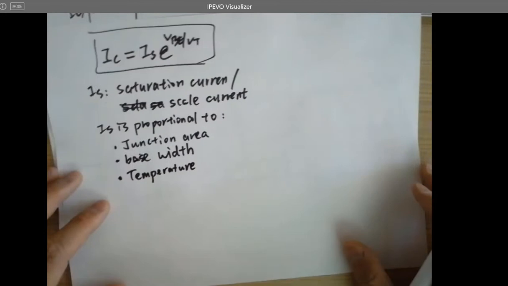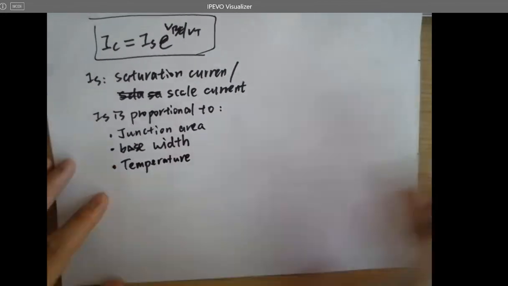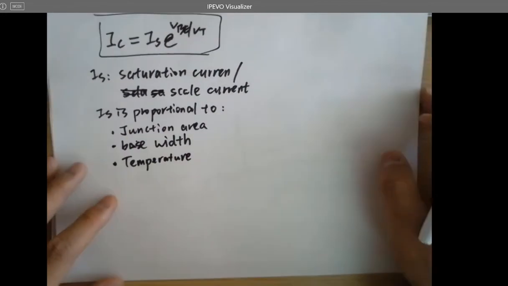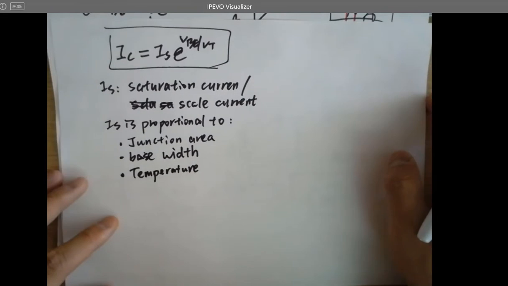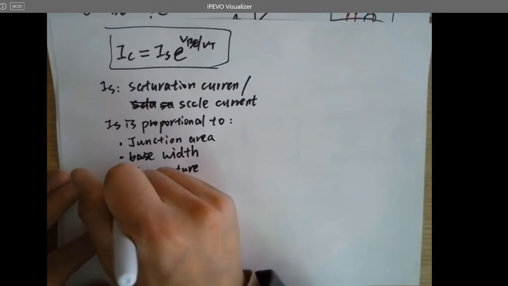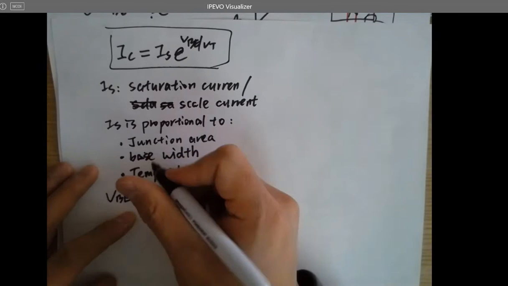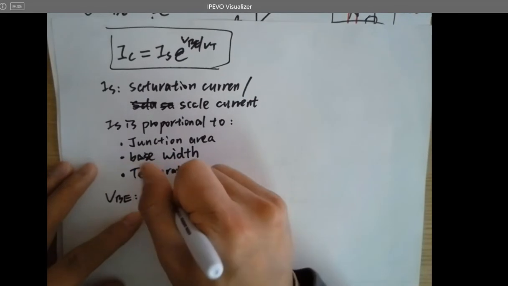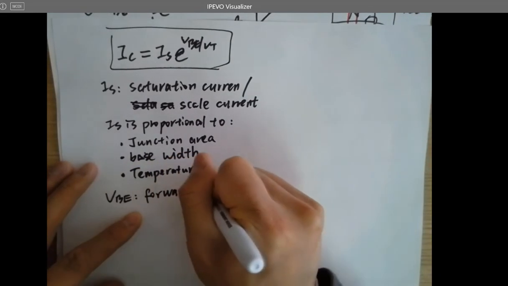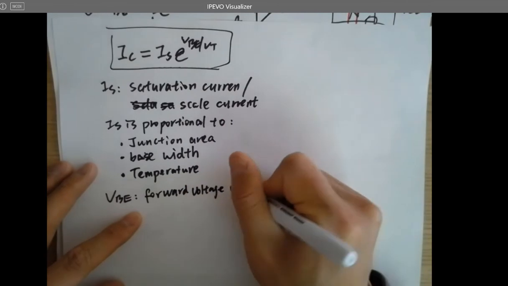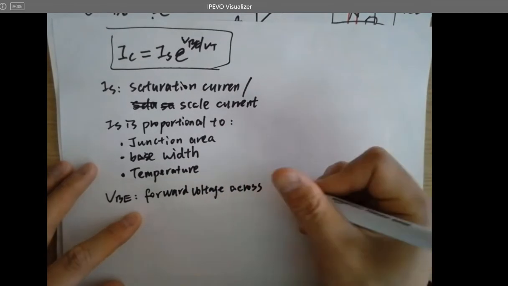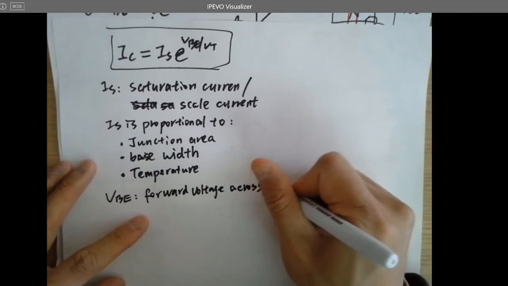So you can imagine if you are seeing a problem, it's normally a given parameter, constant. It's given. VBE, apparently, is the voltage across the base emitter junction.